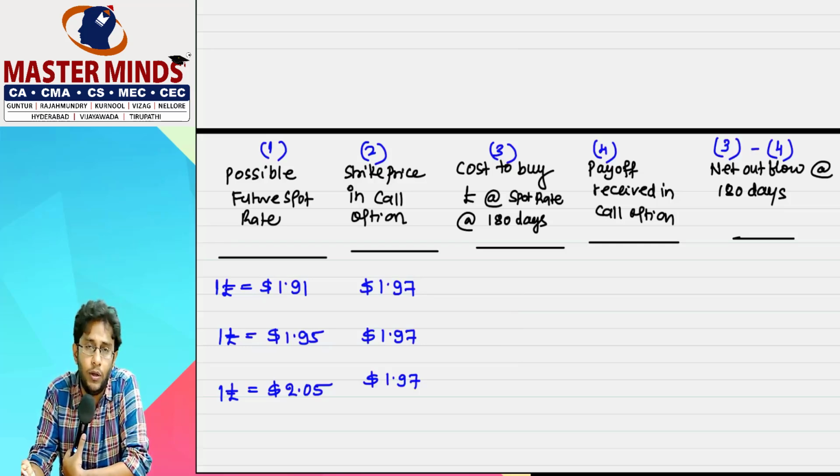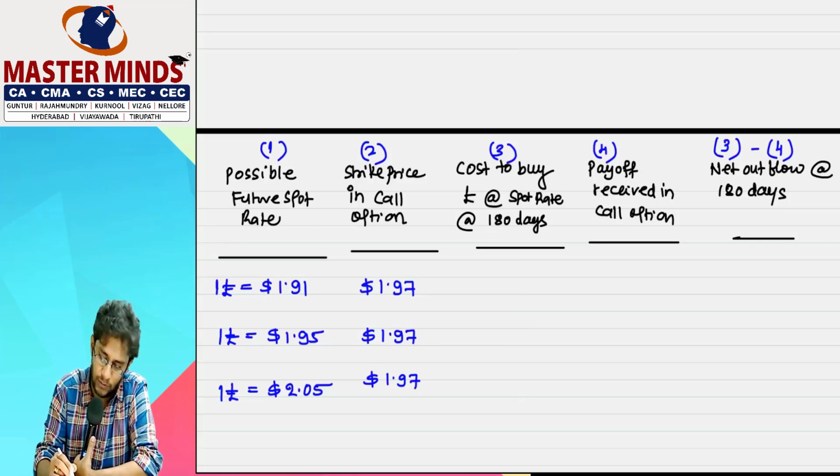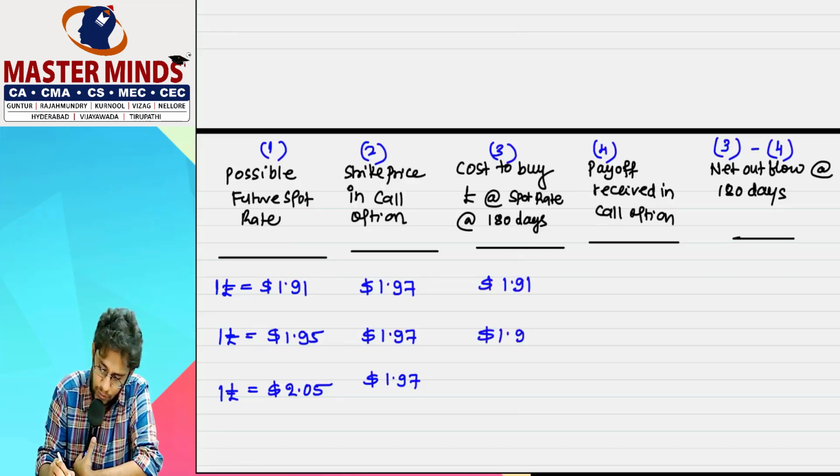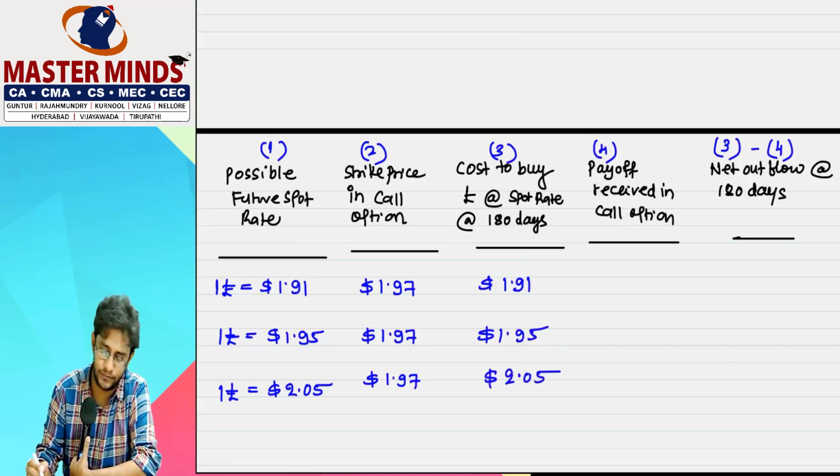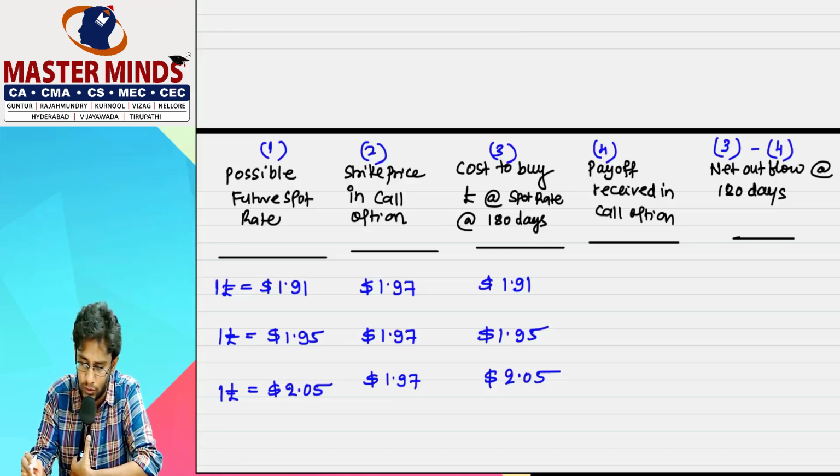I have to buy pound in the open market. Whatever spot rate is there, that's an outflow. So the third column and first column will be the same, sir. So $1.91 I will buy each pound. Here each pound I will buy for 1.95. Here I will have to buy for 2.05. It's a definite outflow. There is no doubt on this.